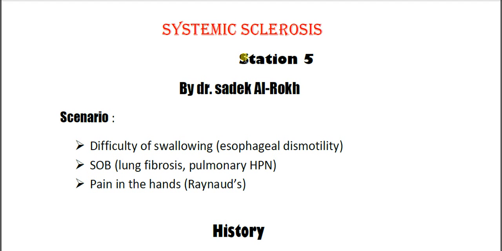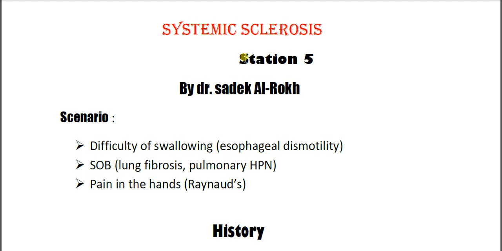Give medication in the form of vasodilator drugs like calcium channel blockers, ACE inhibitors, or prostaglandin analogs, and if the condition is refractory, we can do sympathectomy in severe cases.